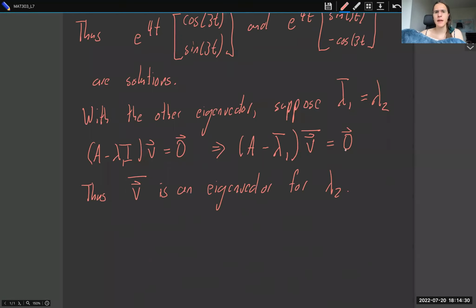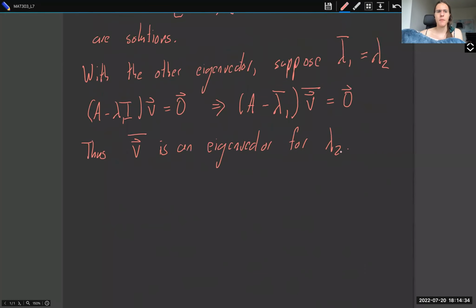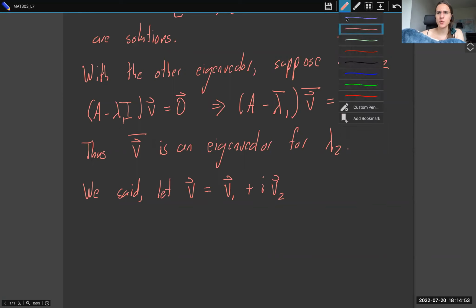Now, let's think about what the general approach of the solution that we had was. We said, let's call V equal to V1 plus i V2. So let's split it into its real and imaginary parts.